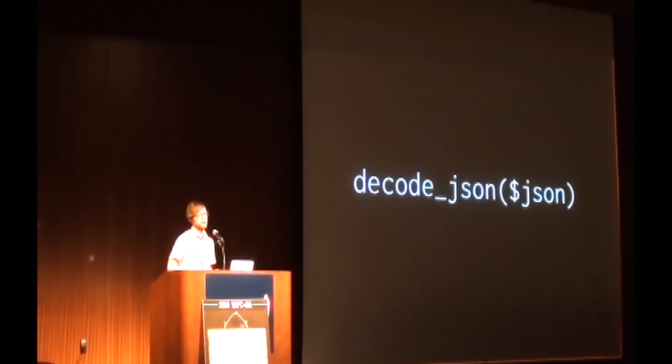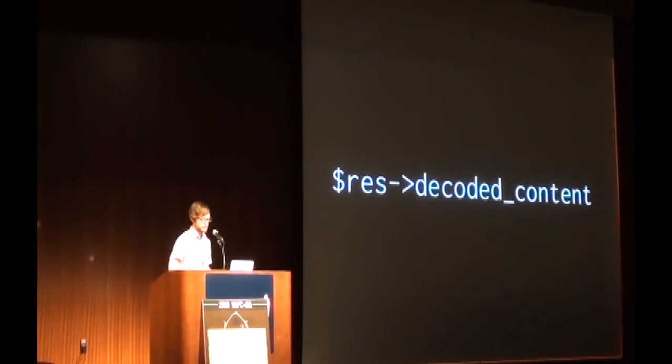Well, decode_json will actually take the UTF-8 encoded JSON and return a Perl data structure containing character strings, as well as, say, with HTTP::Response. The response object has a decoded_content method which returns character strings. So oftentimes you'll be working with frameworks and modules that already have convenience methods or functions like this.